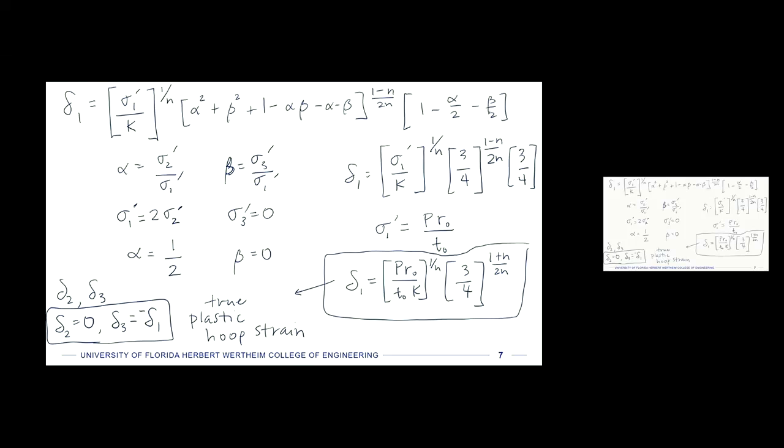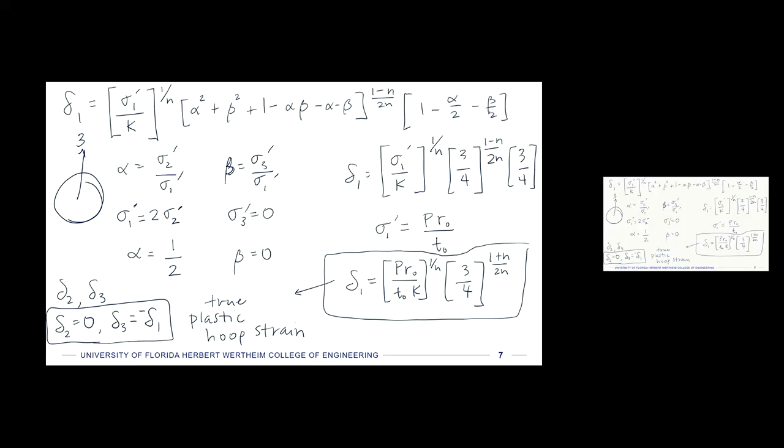Okay, and that makes some sort of intuitive sense because the dimension around the hoop is probably smaller. And then our delta 3, which is the radial direction coming out of our pressure vessel, is the opposite of delta 1. So you can think about this as the thickness of the pressure vessel, right? So if we have, I'll just draw like a little circle here with a cross section. So this is our radial direction, right? Our 3 direction. And so you can think of that as changing the thickness of the pressure vessel. So if we're stretching the hoop and our volume of material is not changing, then we must have the hoop itself getting thinner.